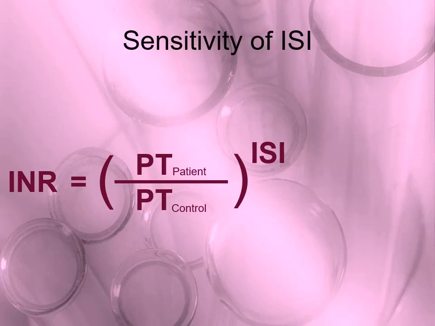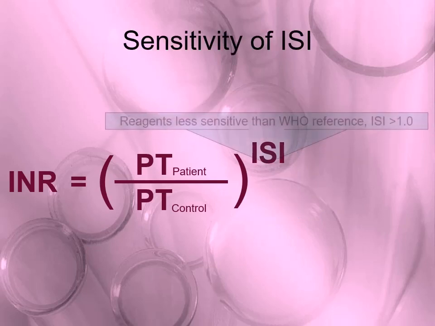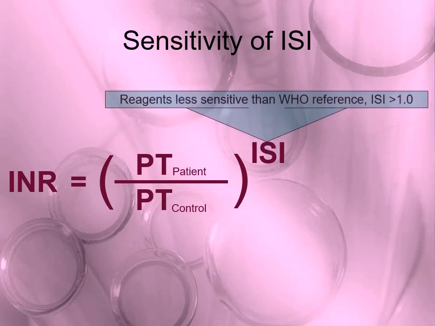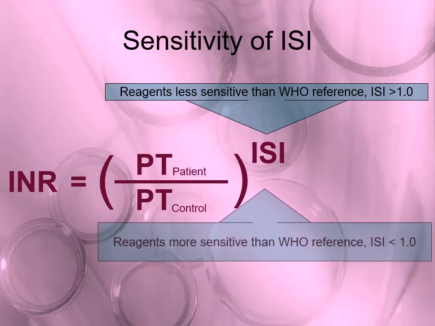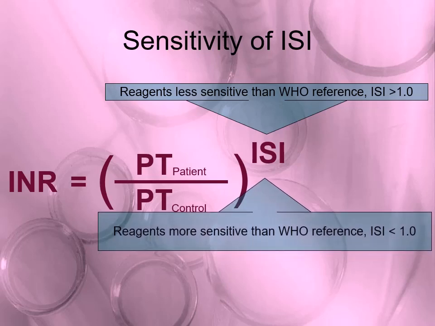Reagents that are less sensitive than the WHO reference have a corresponding ISI value of more than 1, and vice versa. Reagents that are more sensitive than the WHO reference have a corresponding ISI value of less than 1.